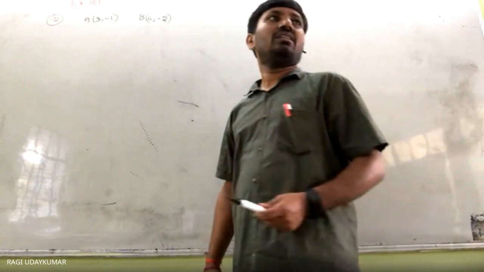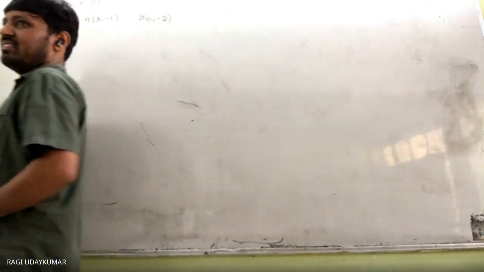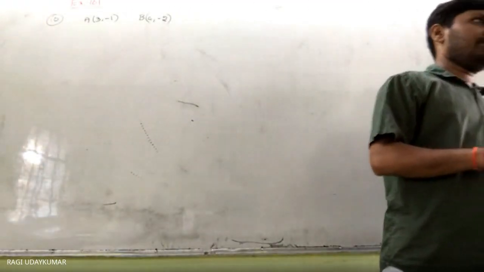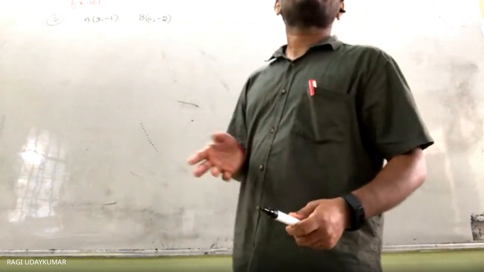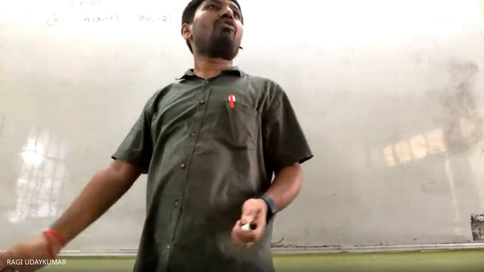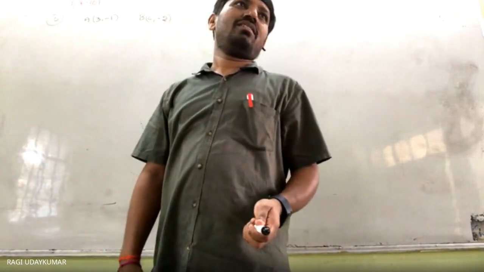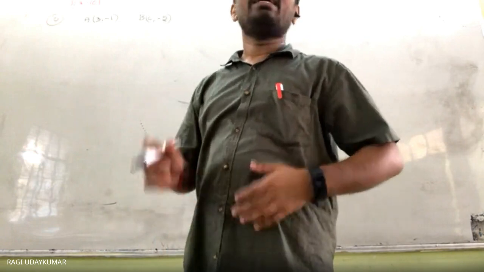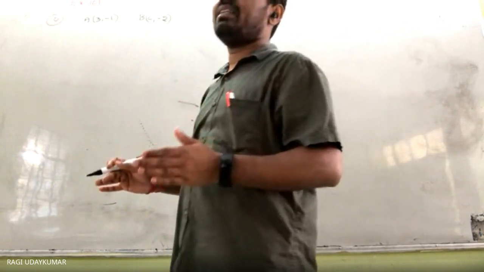For the angle between two lines, tan theta equals m2 minus m1 by 1 plus m1 m2. But since the x-axis is given, find its slope and equate that with tan theta. Here the question says the angle between the x-axis.